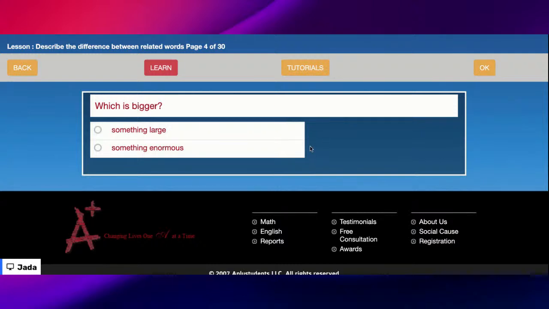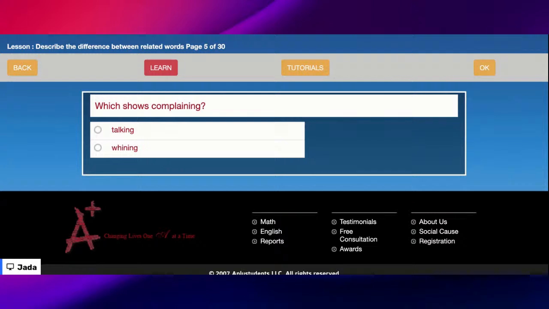Which is bigger, something large or something enormous? Which one is bigger? Option 2. Okay. If we say enormous, it's like very, very big.